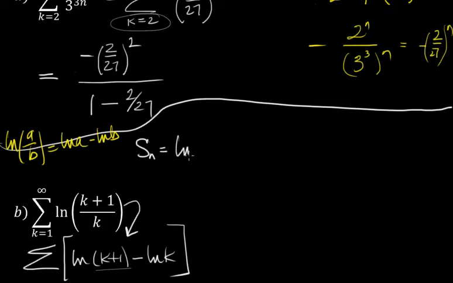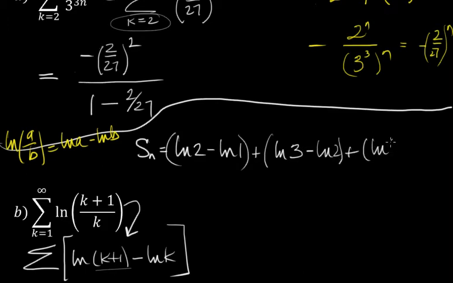So when k is 1, we have natural log 2 minus natural log 1. Let's keep our parentheses on. Plus, the next one, k is 2, so we have natural log 3 minus natural log 2. Plus natural log 4 minus natural log 3. Plus, and now I like to put the last 3 terms in.